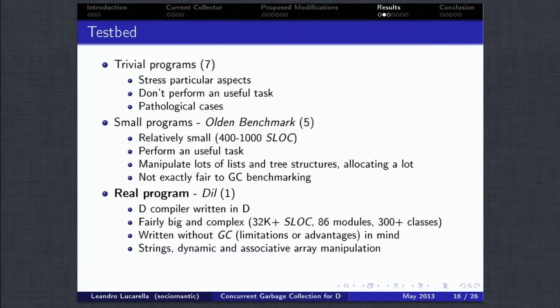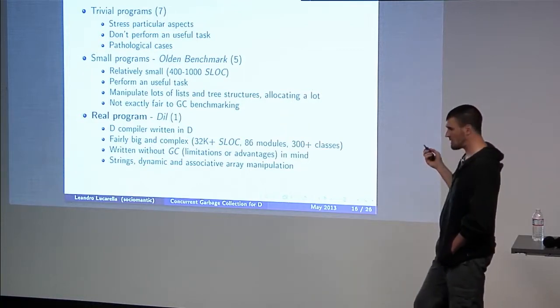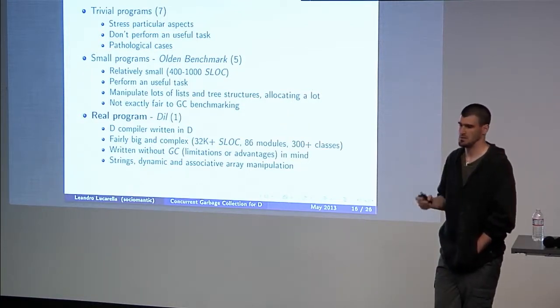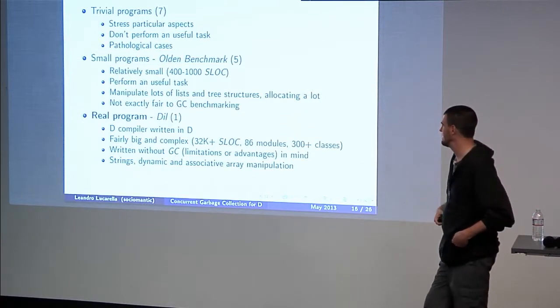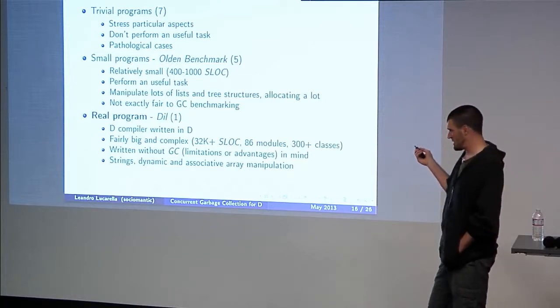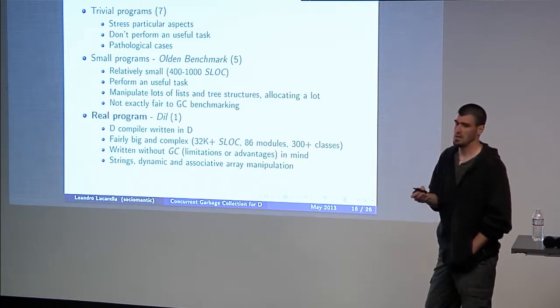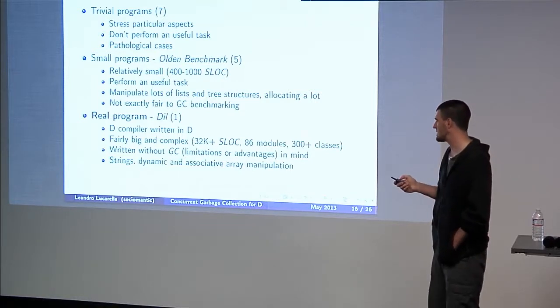In this case, since I talked to the author of DIL, he told me he didn't think about the GC at all. He just wrote as if the GC was magical and just worked perfectly. And also it uses a lot of constructions in the language that use the GC, like dynamic arrays and strings, etc.